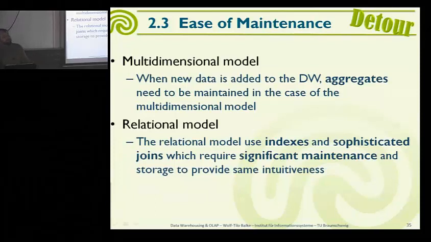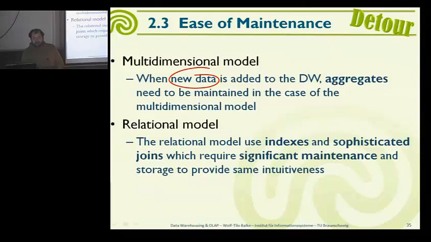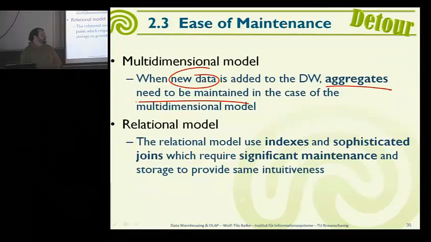On the other hand, multidimensional model, when new data is added to the data warehouse, aggregates need to be maintained, right? Additional time. Relational model, on the other hand, uses indexes, sophisticated joins, which also require some maintenance, especially if you do materialized joins and stuff like that, or materialized views.